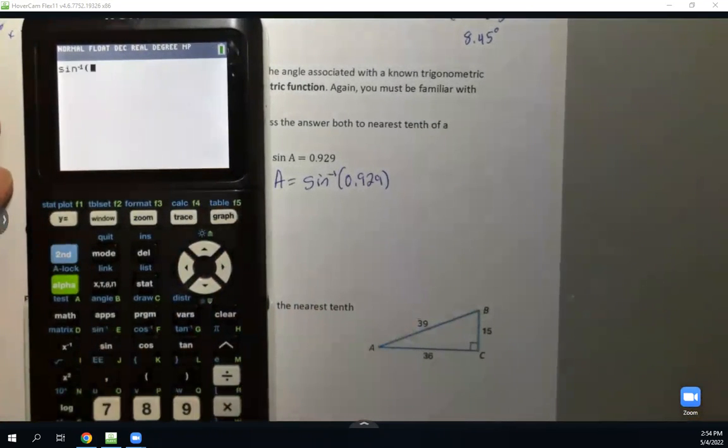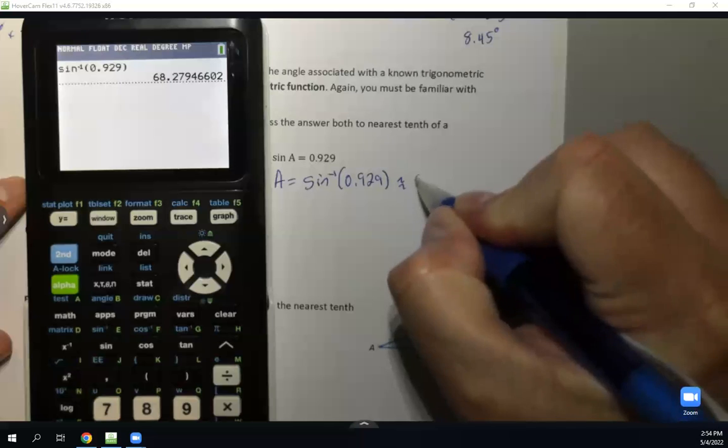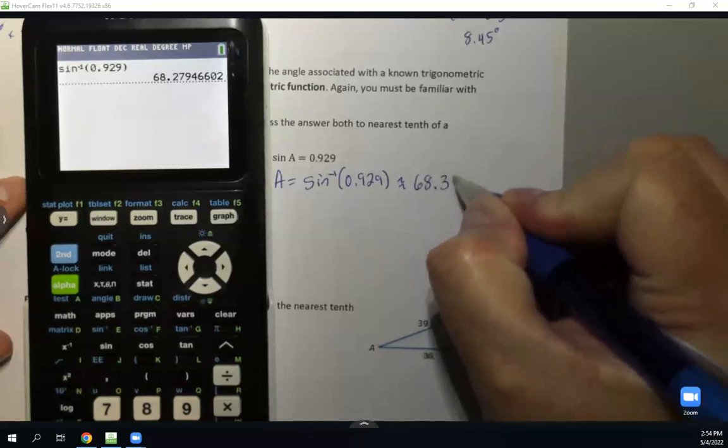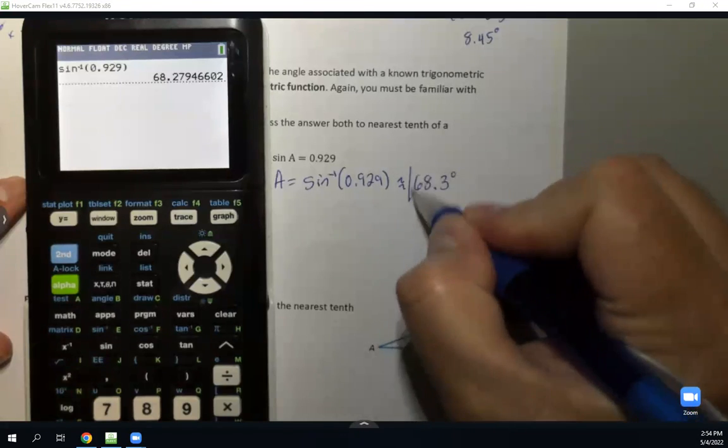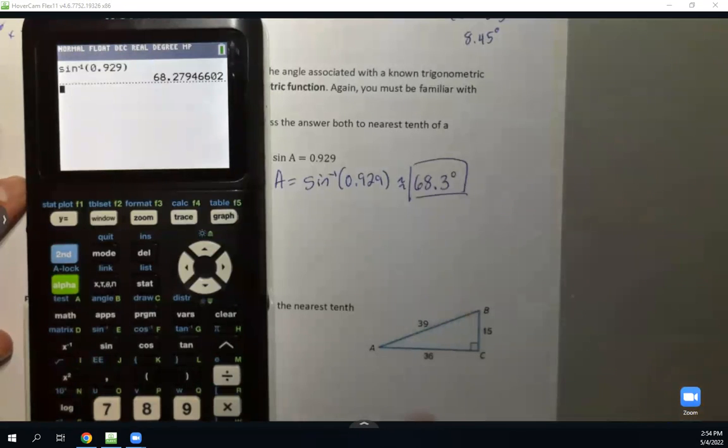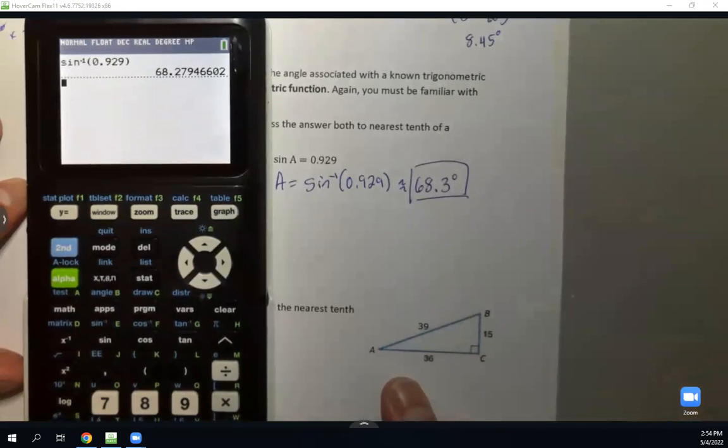So the inverse sine of 0.929 is about 68.3 degrees. So there it is to the nearest 10th of a degree. If I want to go to the nearest minute, I'm going to subtract off the 68 and then multiply by 60.